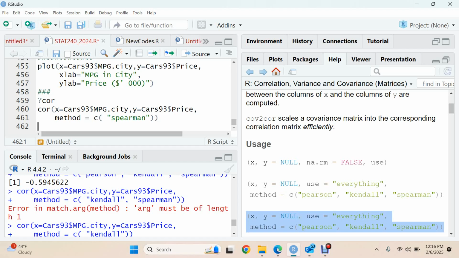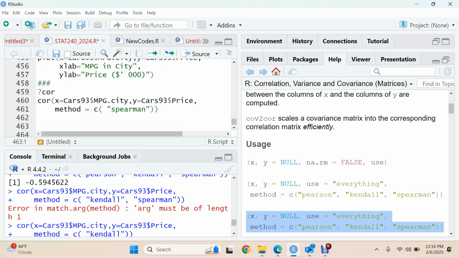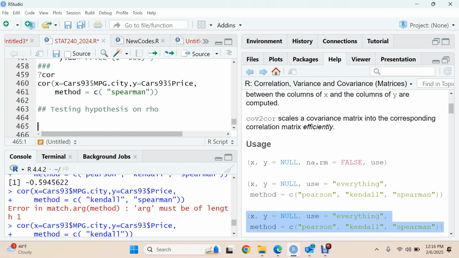Okay. So let's see, how do we do this test? We're going to use what is called cor.test, for testing hypotheses on rho, the correlation coefficient. It's the same as what we did.